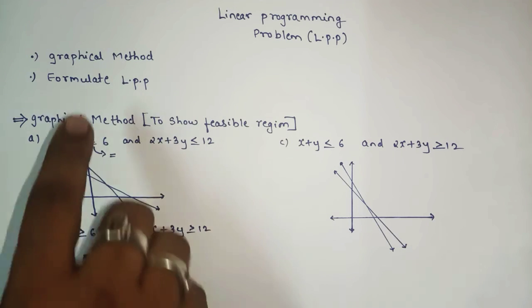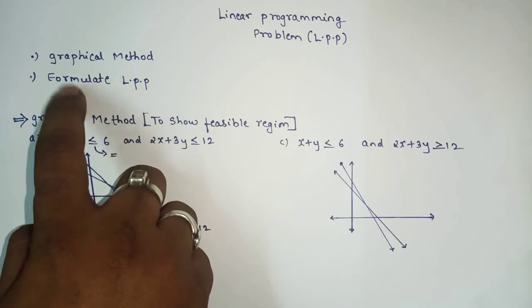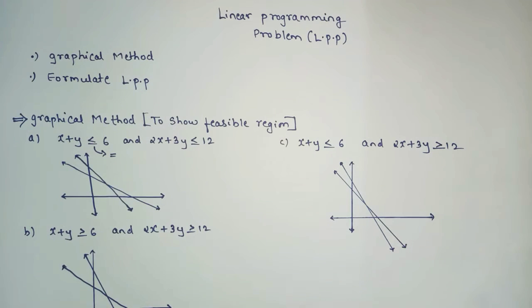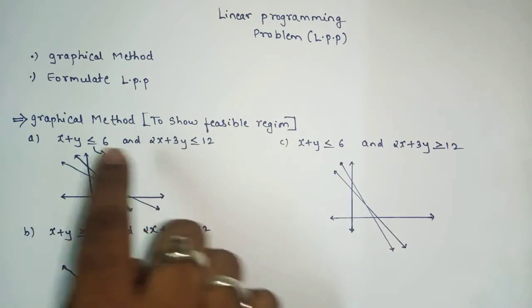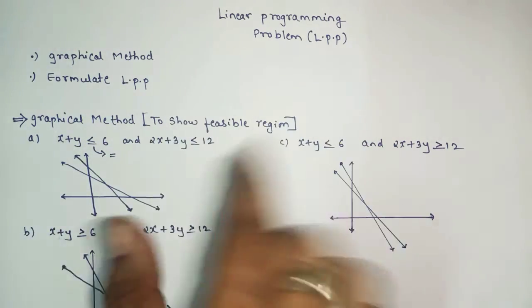And the second one is type number 2, formulate. Formulate means what? The given problem will be in the form of a statement sum. You have to read and understand the question, and simply frame the equation.